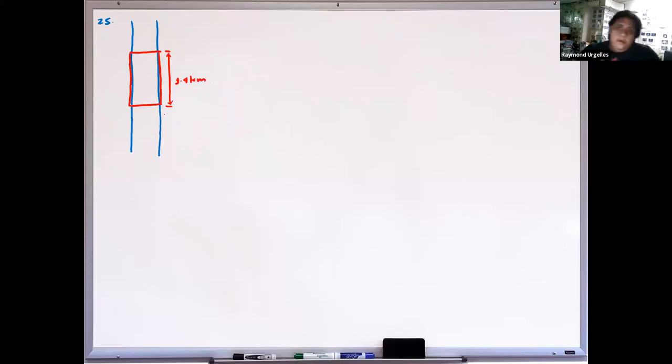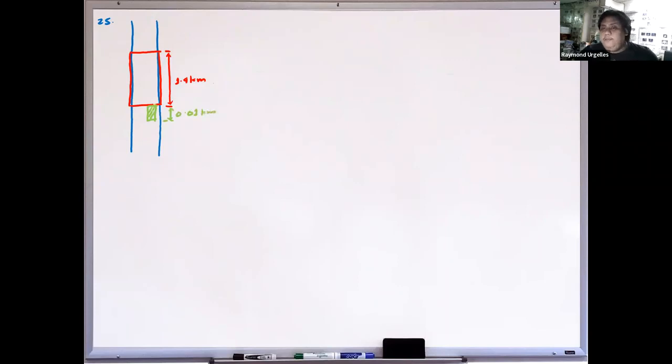Then meron tayong bus. Sabi sa problem, this is 10 meters long. Lipat natin sa kilometer, 10 divided by 1,000 is 0.01. So this is 0.01 kilometer.